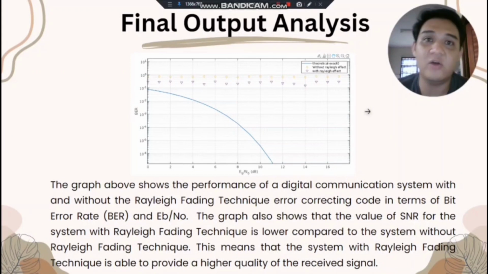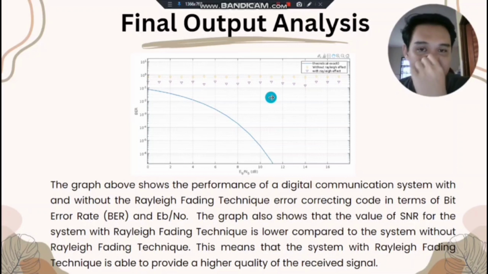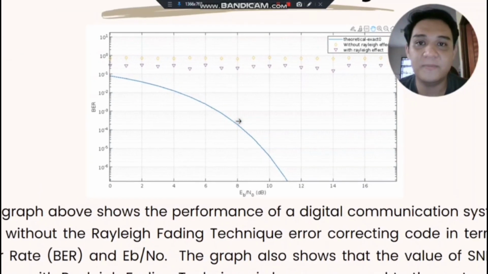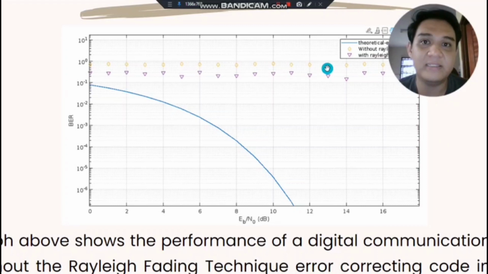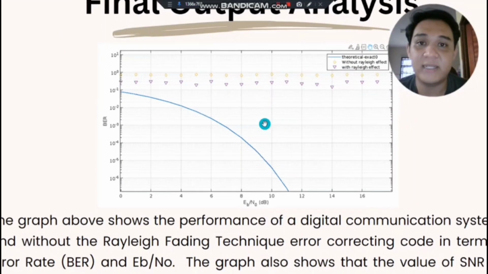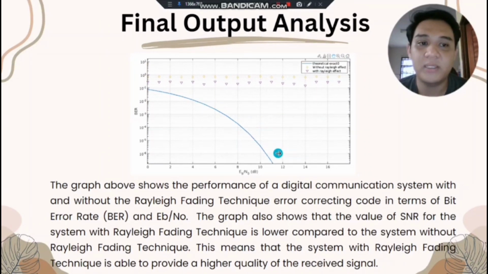Now we go to the final output analysis. This is the graph that we obtained from the BER analyzer. The graph above shows the performance of a digital communication system with and without Rayleigh fading technique. The gold one is without Rayleigh fading technique, and the purple one is with Rayleigh fading technique, in terms of bit error rate and Eb over N naught.